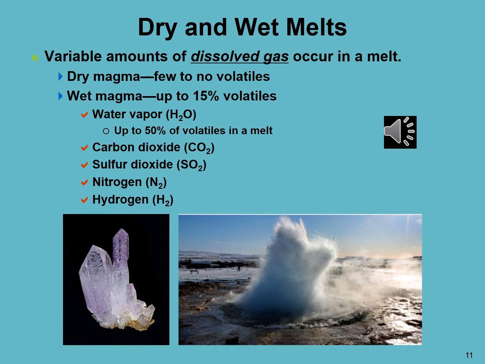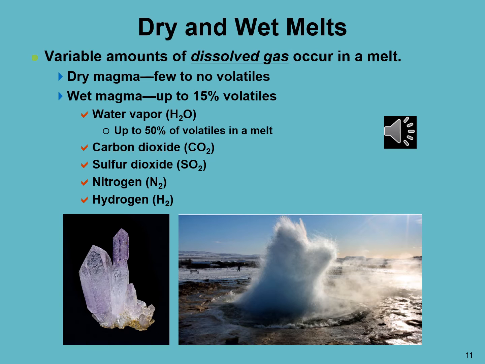Magma contains volatiles. Volatiles are those readily vaporizable materials present in a magma, such as water and carbon dioxide, whose vapor pressures are sufficiently high that they will become concentrated in any gaseous phase that forms. We distinguish between dry melts that contain no volatiles and wet melts which do.